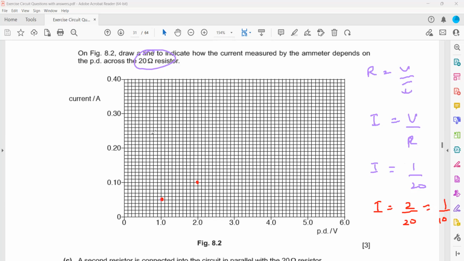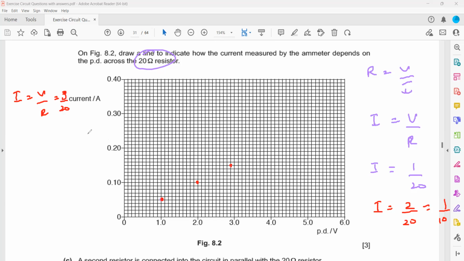If the voltage is 3, the current is voltage divided by resistance. The voltage is 3 and the resistance is 20. 3 divided by 20 is 0.15. So this is 0.1, then 11, 12, 13, 14, 15.